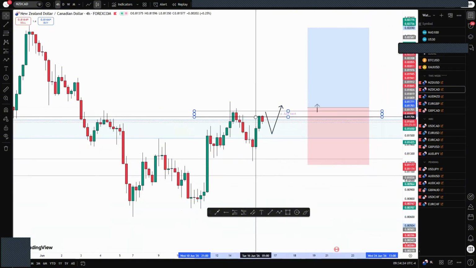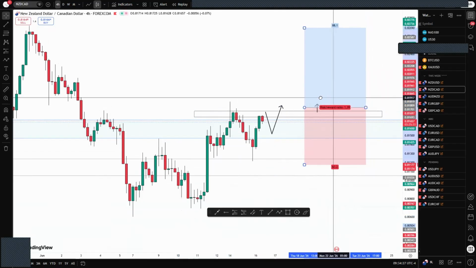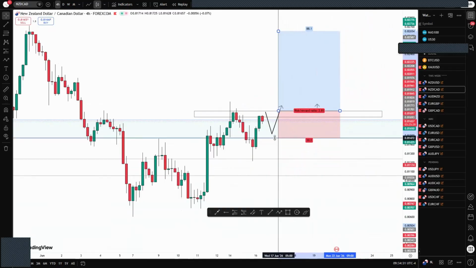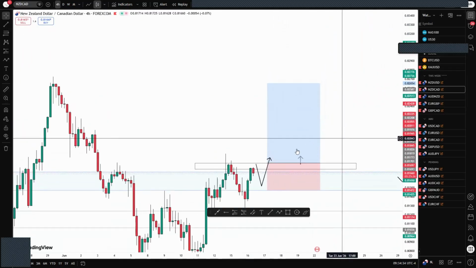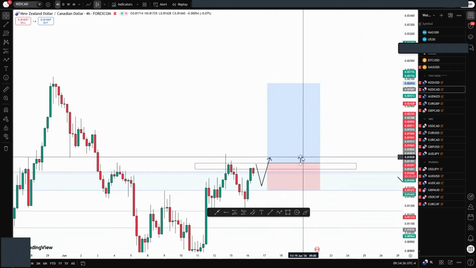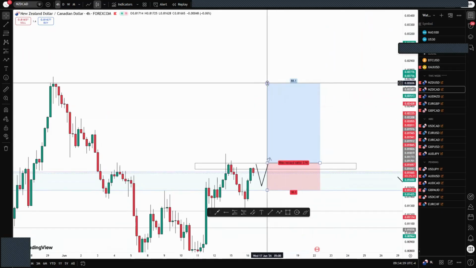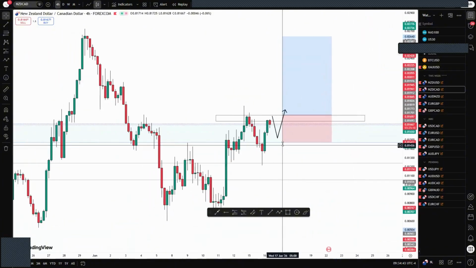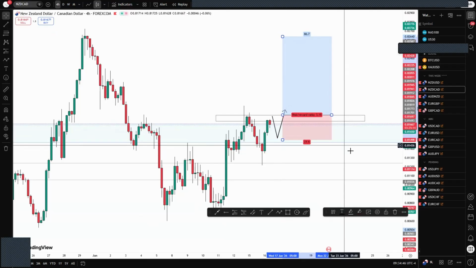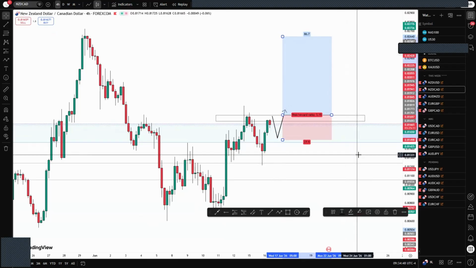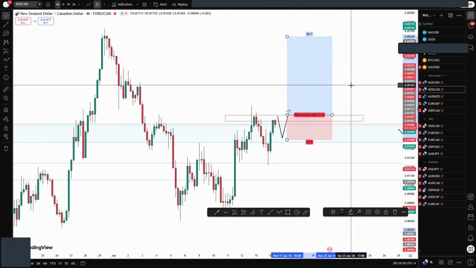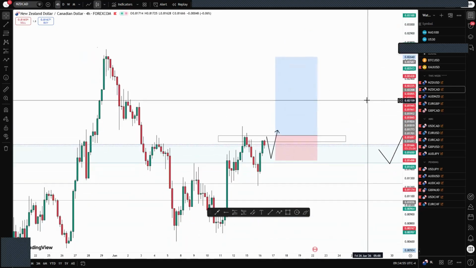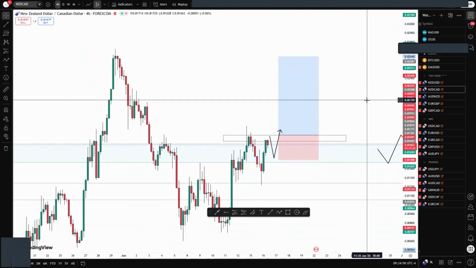This is what I mean. Why? So that when it breaks and I catch an entry, my stop loss will just be below here. You see? And my take profit will be at some point here. So this is a 1 to 3 at least, rather than what we wanted to do.